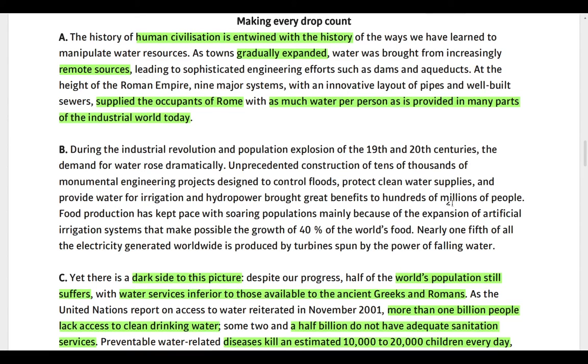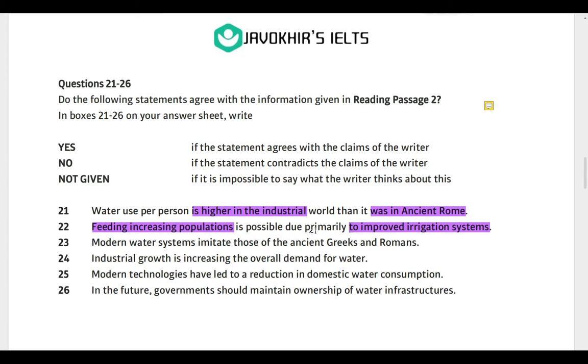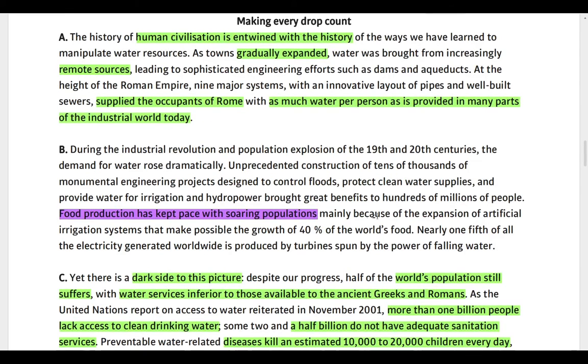you can see that the answer is in paragraph B, because food production has kept pace with soaring populations, mainly, which is a synonym for primarily, because of the expansion of artificial irrigation systems that make possible the growth of 40% of the world's food today.